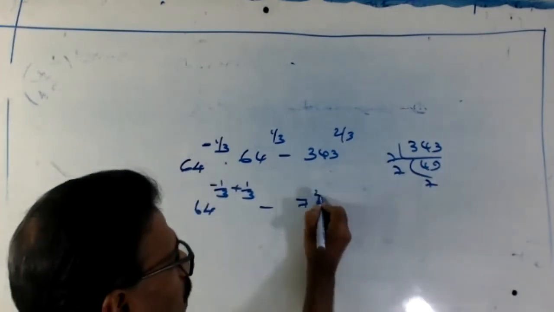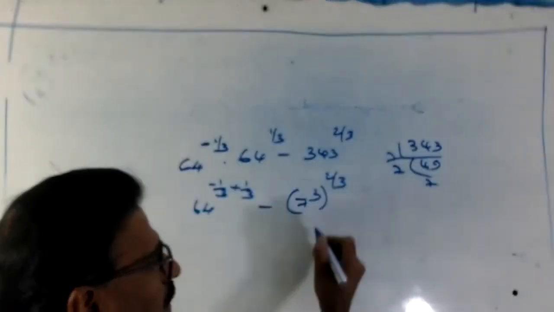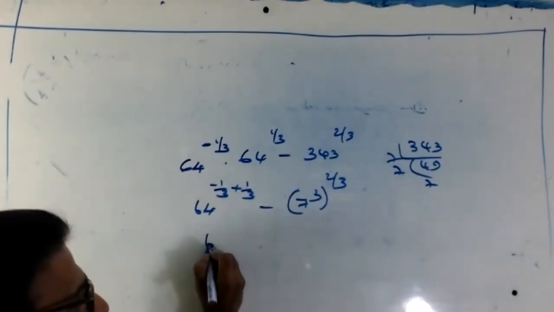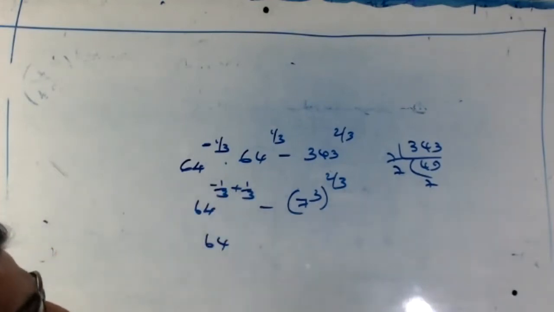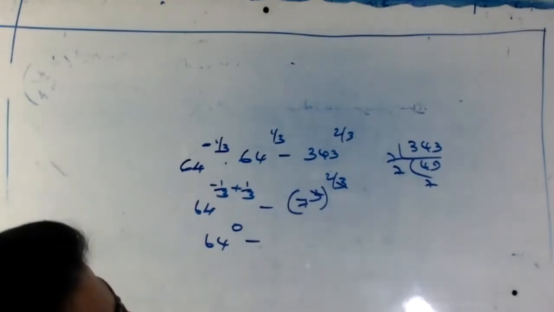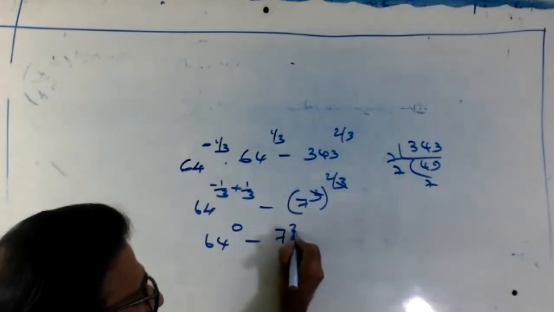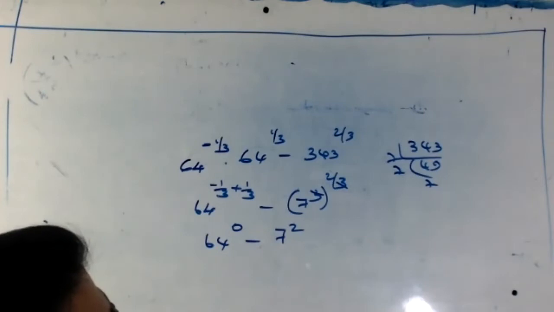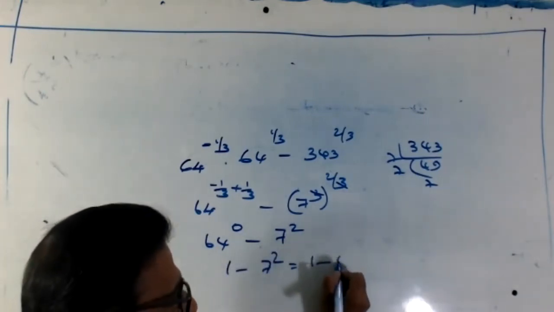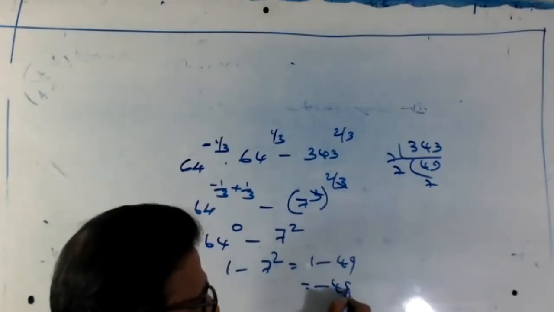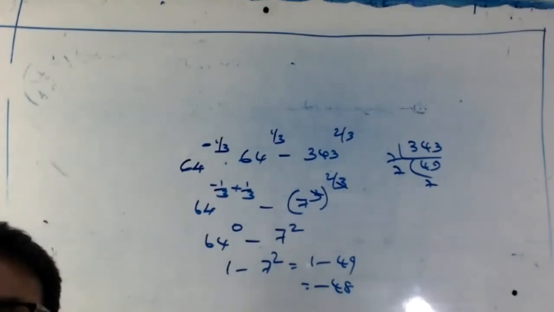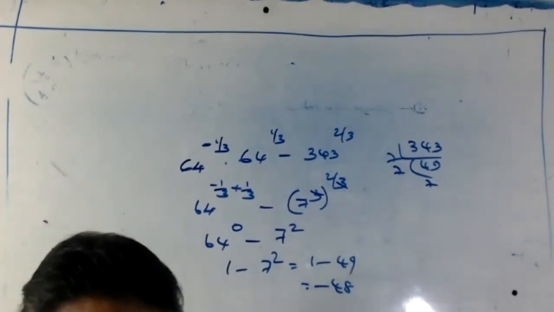So 7 cube raised to 2 by 3. Then 64 raised to minus 1 by 3 plus 1 by 3 is 0, minus 3 cancel, right? 7 square. So that is 1 minus 7 square. How much? 1 minus 49 equals minus 48. It is minus 48.